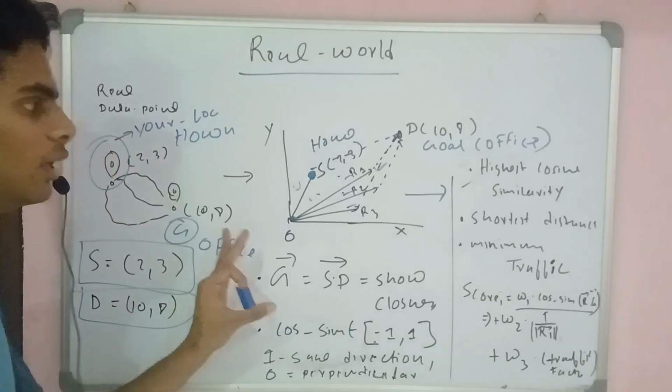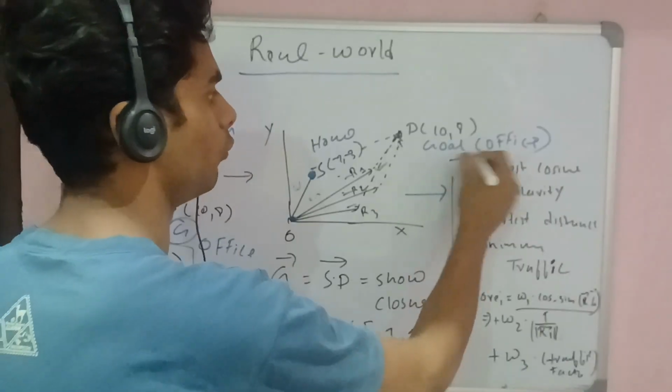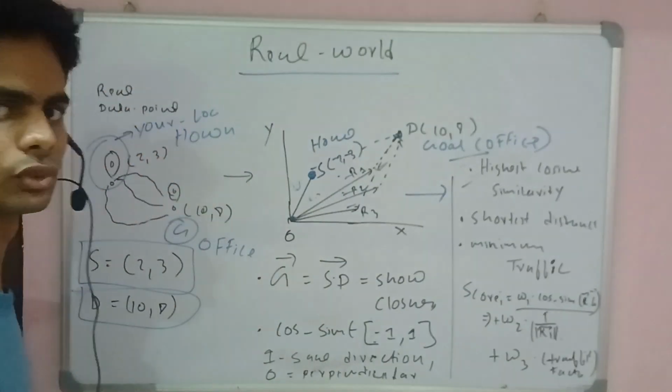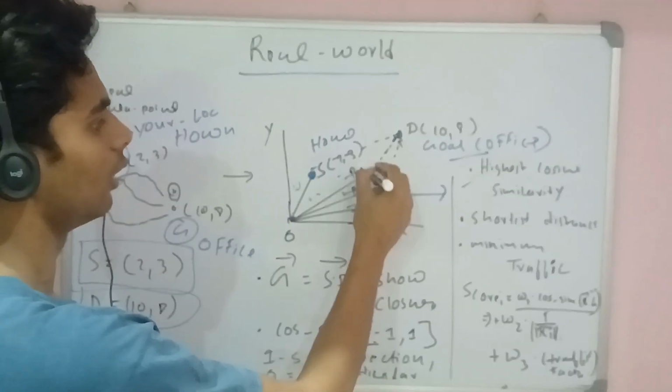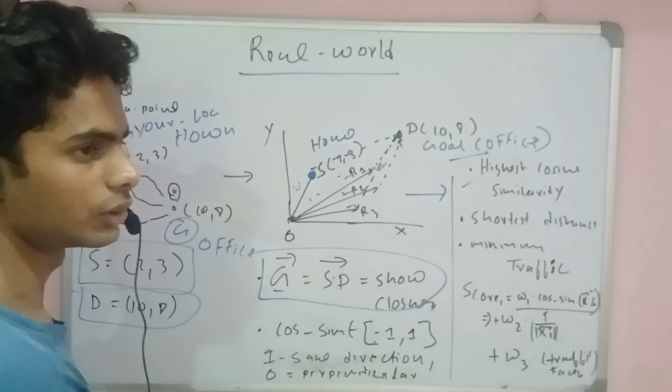We do a dot product to find the closeness of the office and home. Now understand, we are doing a dot product to find the goal, your destination, your office.